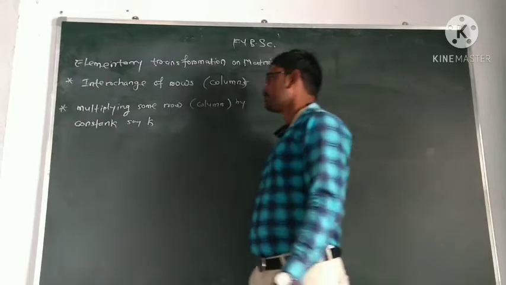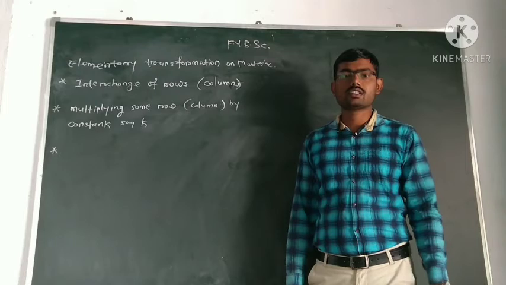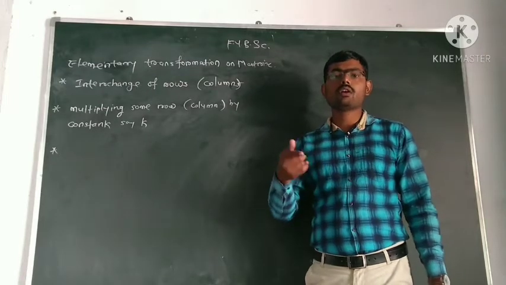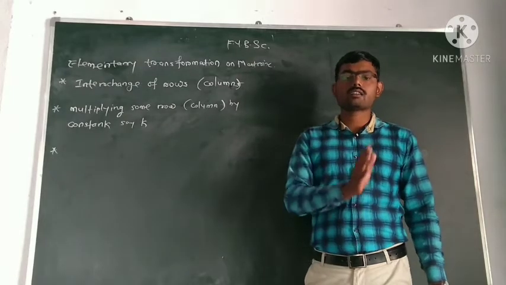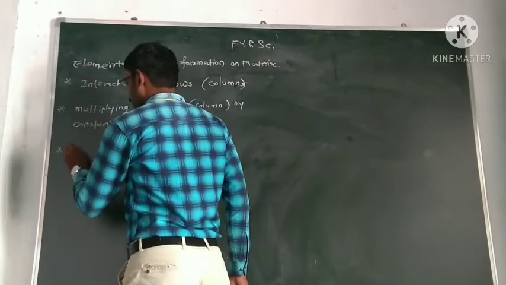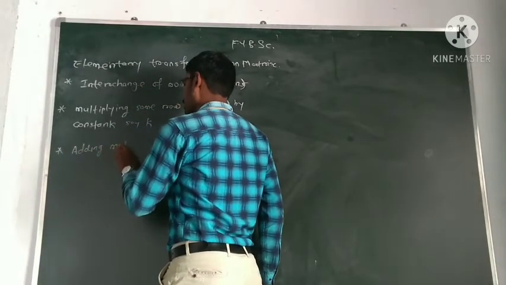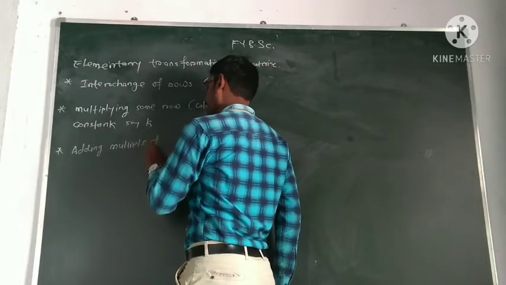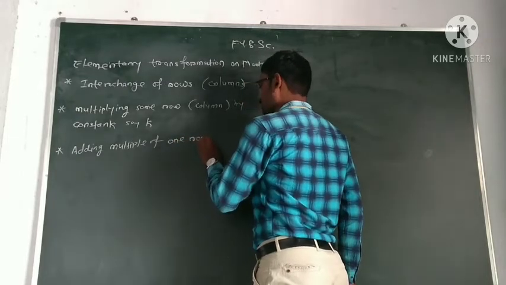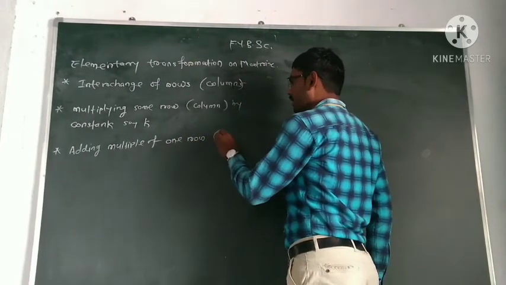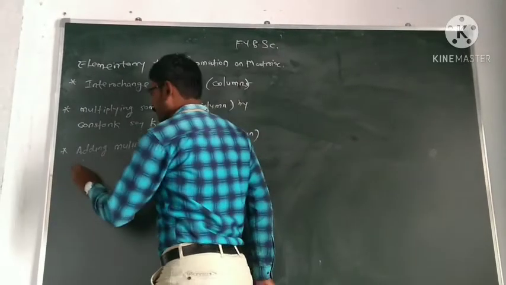The next type of elementary transformation is adding a multiple of one row to another row, or adding a multiple of one column to another column.